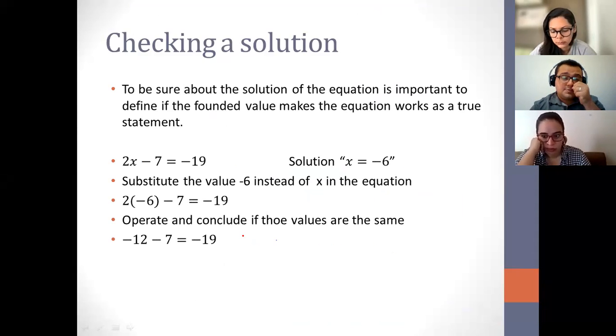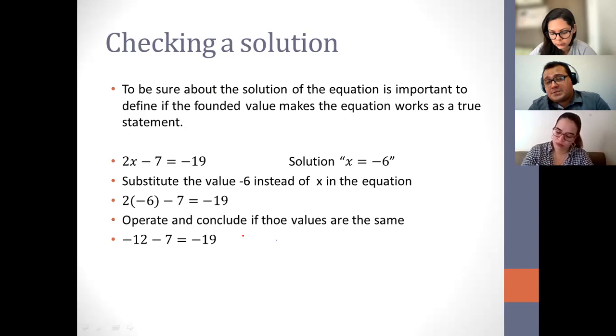If we don't have this true statement, then this x equals -6 is not the solution. Simple like that. What does it mean? Okay, it means that probably the equation doesn't have a solution, or more possibly that -6 is not the solution. But in this case, the equation works as well. And at the end, we can say that negative 19 is equal to negative 19 based on basic math principles.